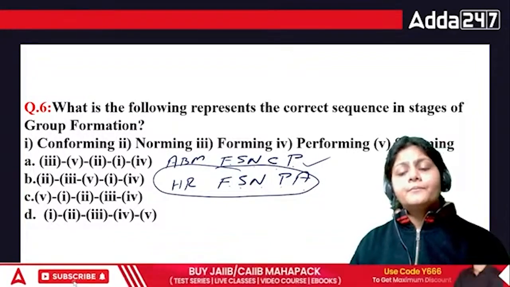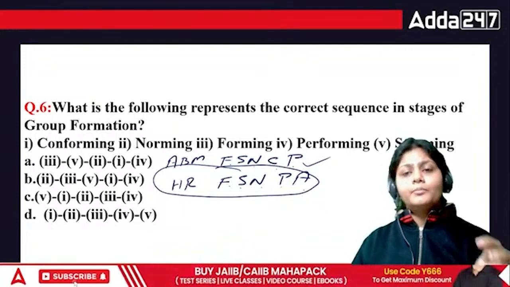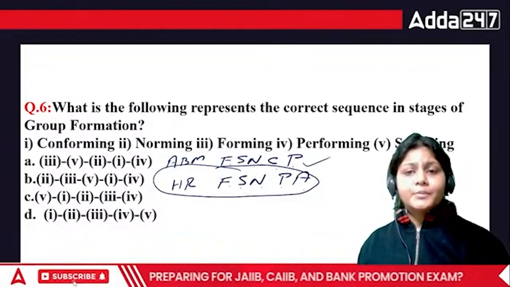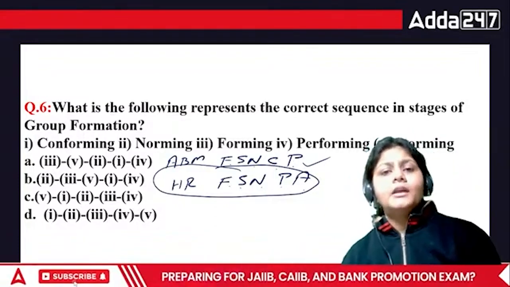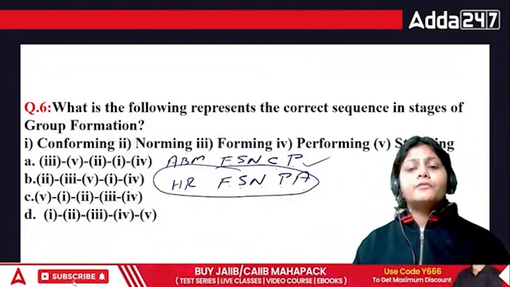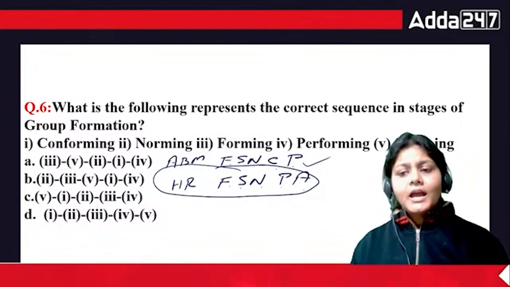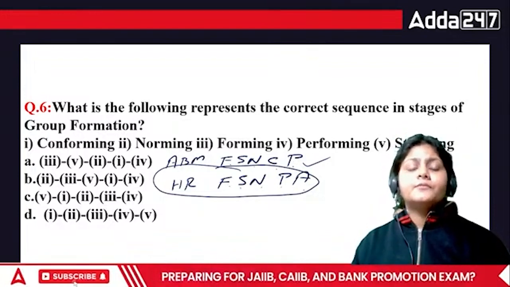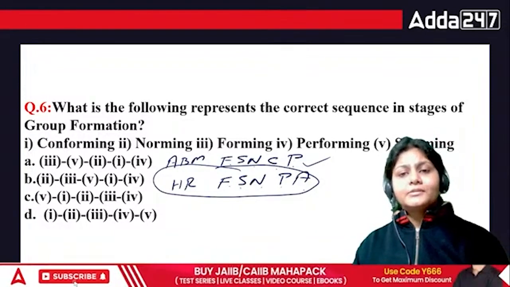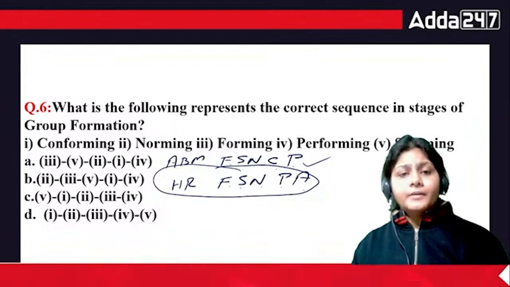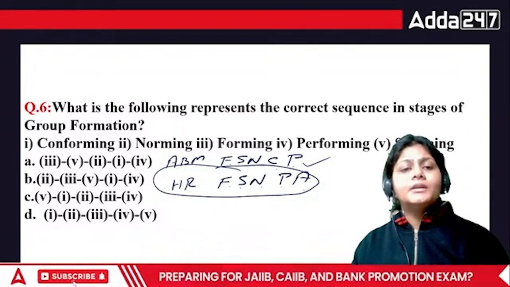What is forming? Forming is when the group members meet each other. Okay, it is like an icebreaker, introduction part. Then you have storming. What is storming? When the conflict actually begins. Then you have norming, where you actually start to respect each other. C is what? Confirming. Then you start confirming each other.